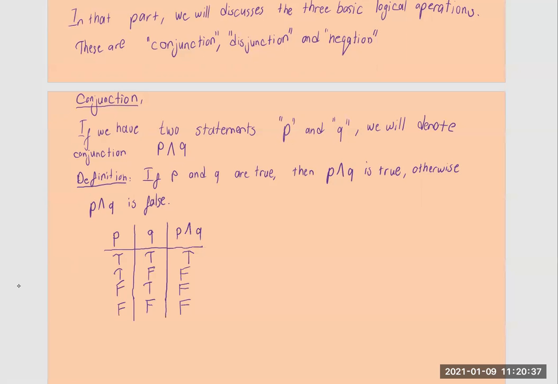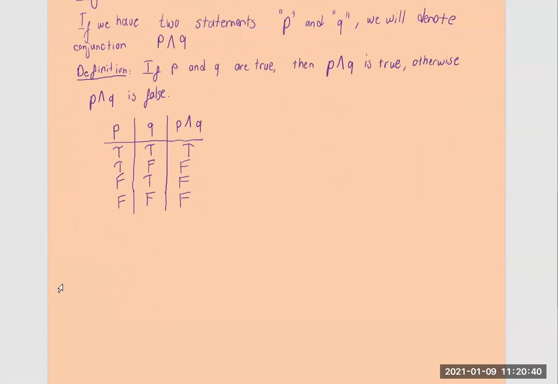Let's write some examples. Let's say one condition: ice floats in water, and 2 plus 2 is equal 4.